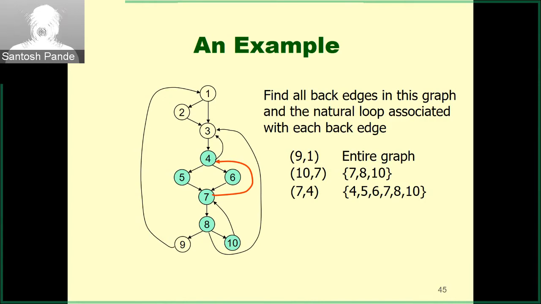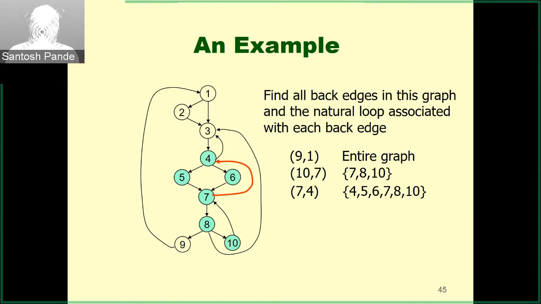And now to the loop, 8's predecessor has to be explored. 8's predecessor will be 7. And of course, 7 is also there already in the loop. We started the loop by putting both parts of the back edge into the loop. And so 7 is there. So no more exploration there, but 8 would have gotten added.